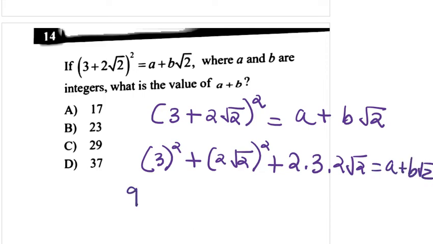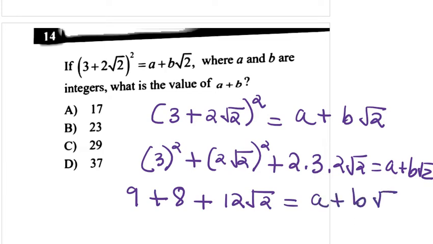So this is 9 plus, 2 times 2 is 4, into 2 is 8, plus 4 times 3 is 12√2, is equal to a + b√2.